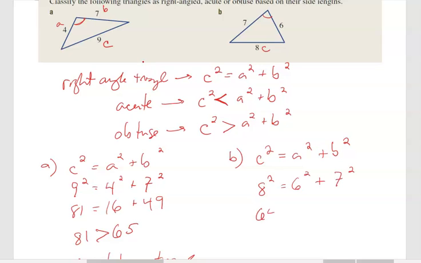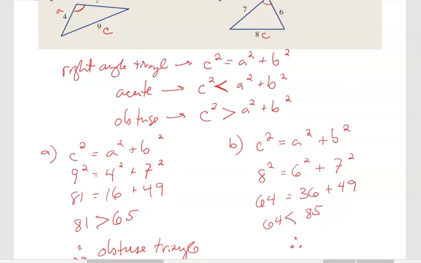So 8 times 8 is 64. 6 times 6 is 36. 7 times 7 is 49. 49 plus 36 is 85. So in this case, lo and behold, c squared is less than a squared plus b squared. So that means we have an acute triangle. Look at us.